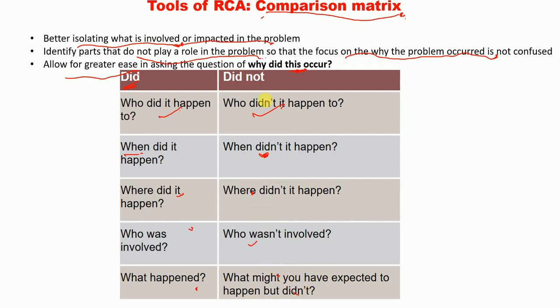We make the chart and answer all these questions so that we can focus only on what is involved or impacted, not on the other things which did not result in the problem. Our main focus lies on what is involved or impacted, rather than what is not involved or not impacted. So the comparison matrix is also very, very important.